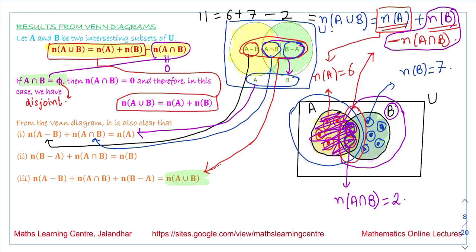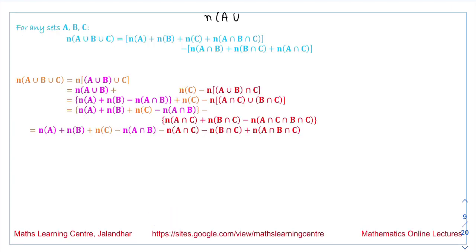The result that we have proved for two sets is that the number of elements of A union B is equal to the number of elements in A plus the number of elements in B minus the number of elements in A intersection B. This result can be extended for three sets in this form.